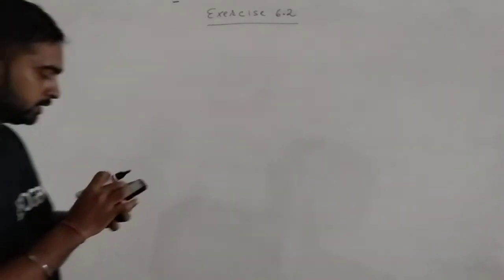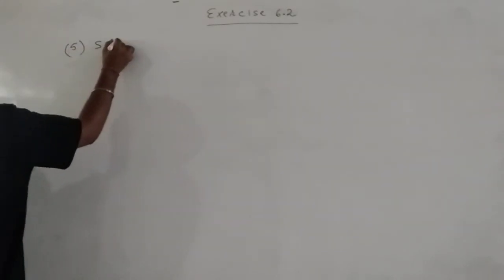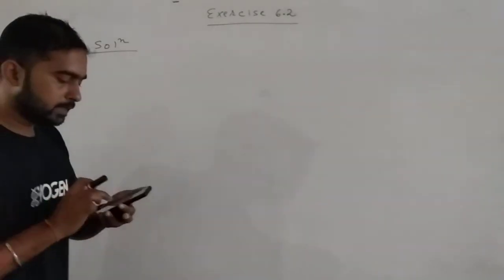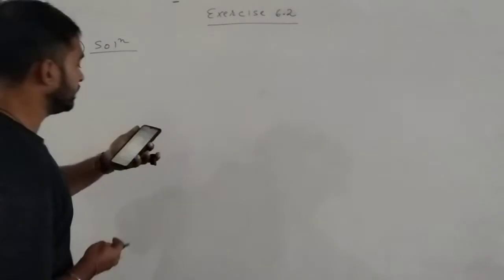The next question is question number 5. In an AP, the fourth term is 10 times the first term.